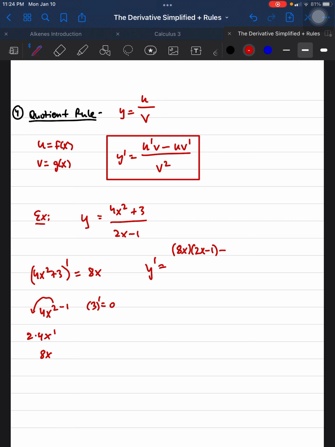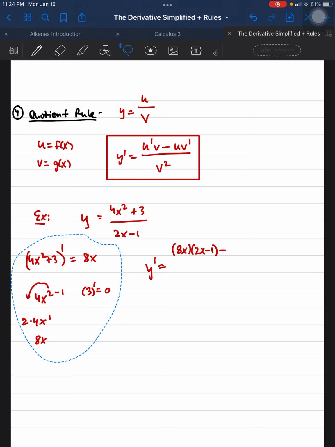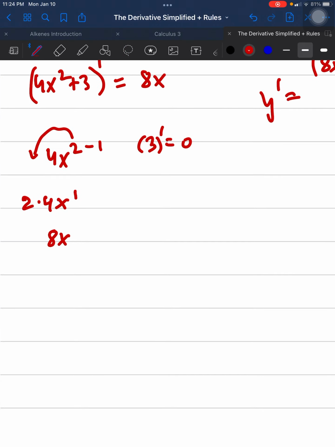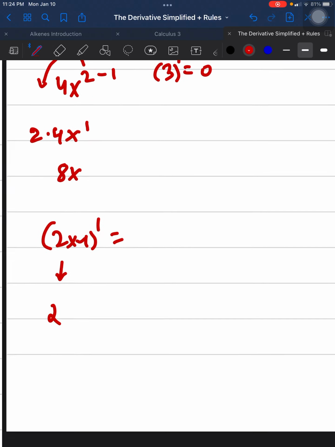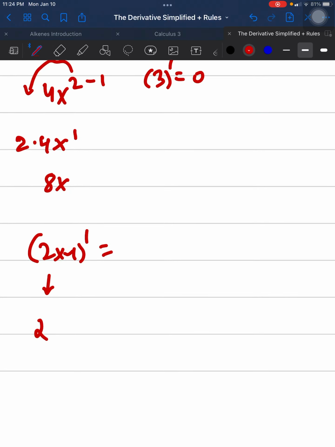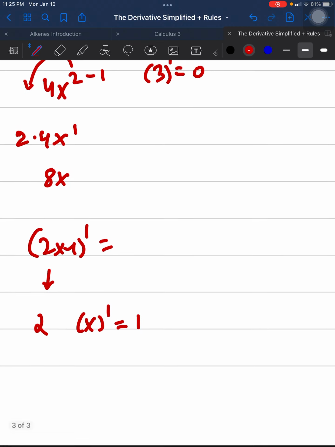So now we have to find the derivative of g of x. So g of x is 2x minus 1. Same procedure. The derivative of 2x is just equal to 2, because we know that the derivative of just x is equal to 1.